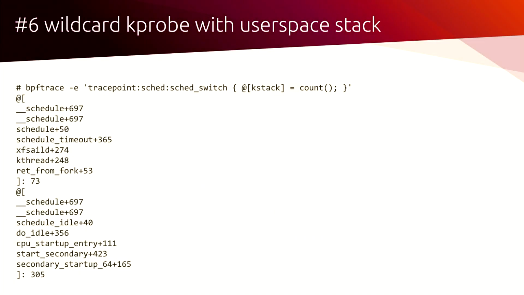So you can actually wildcard kprobe, and unfortunately it's not on the slide right now, but I said cpuset star, probe every cpuset function in the kernel, and then print me out the user space stack of what ultimately called it. And so I could see all the code paths in systemd that were calling into those functions, and that let me try to figure out where to go looking for why it was changing the CPU set in a way that I didn't expect.